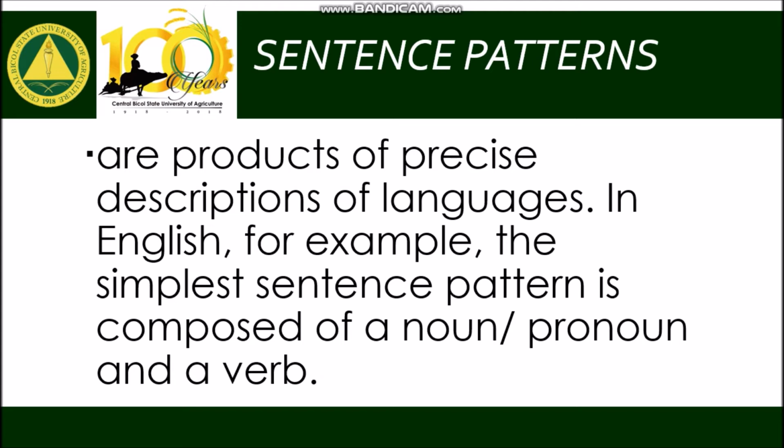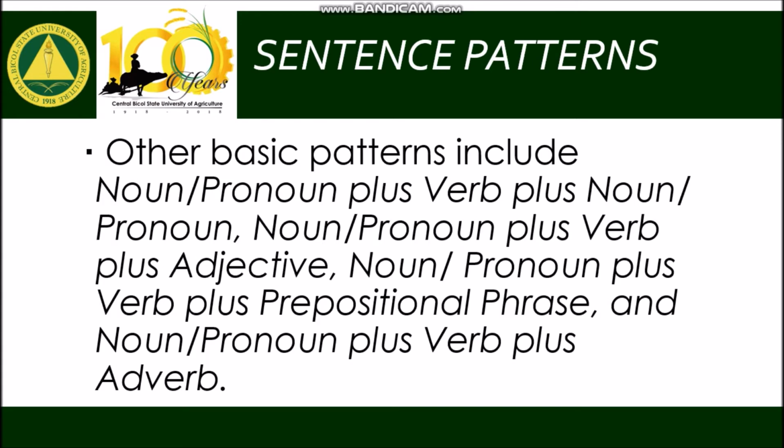Bloom is a verb. She bakes a cake. She is a pronoun. Bakes is a verb. And that is the basic sentence pattern of English. Pero marami pa tayong ibang basic pattern. Noun, pronoun, plus verb, plus noun. Yung kanina, she bakes a cake. That is noun, that is pronoun. She bakes verb, cake, noun. She bakes a cake.